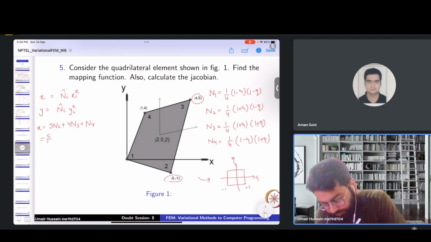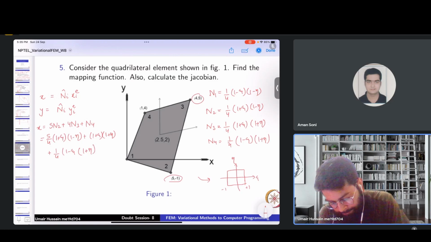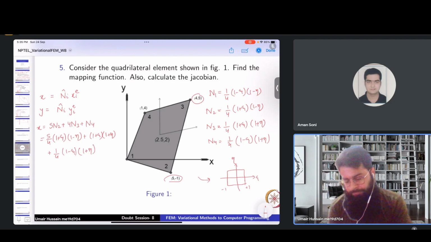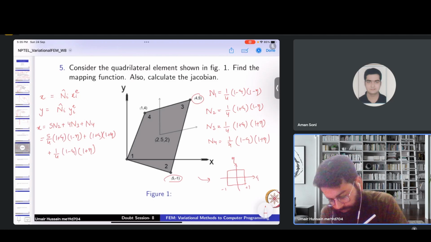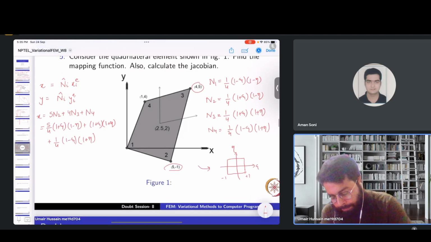So we have 5 by 4 N2, and we have N4 as well. So how can we simplify this easily?